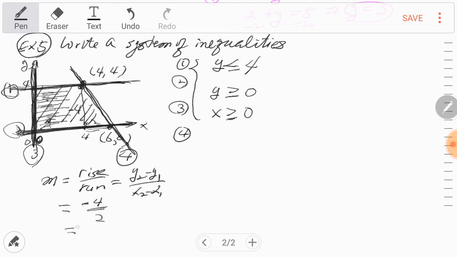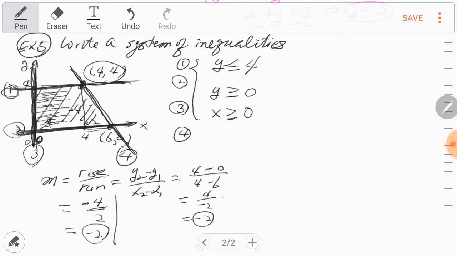So the slope is negative 2. Using y2 minus y1 over x2 minus x1, that is 4 over negative 2, which is also negative 2. So the slope is negative 2.